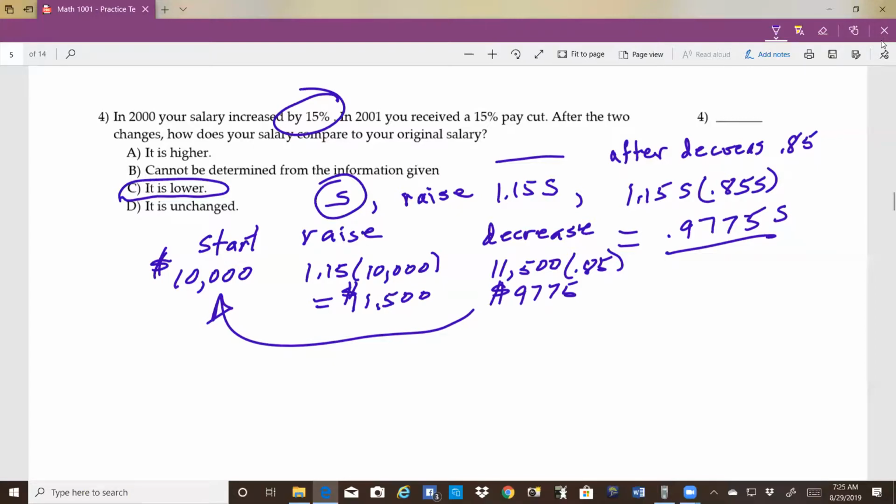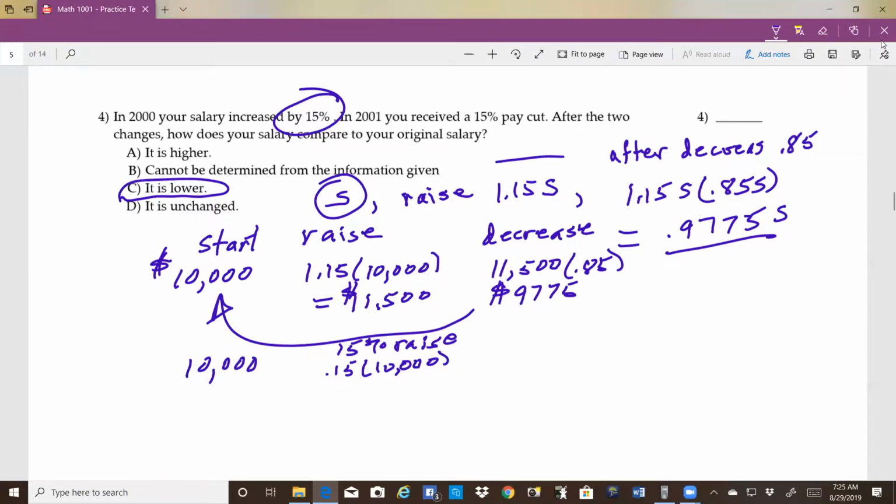You could also do this by starting with the 10,000 with a 15% raise. You could calculate the raise amount, which would be 0.15 times 10,000.